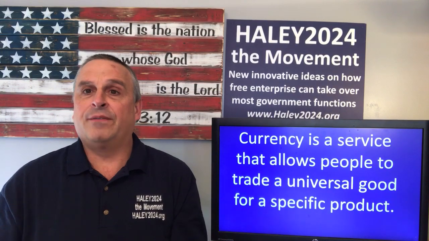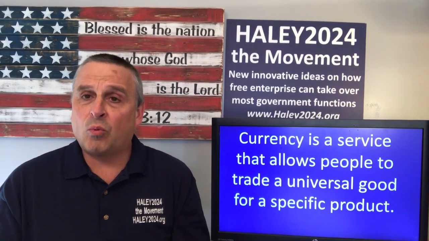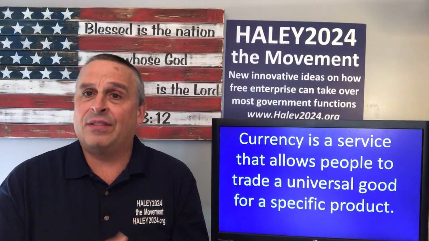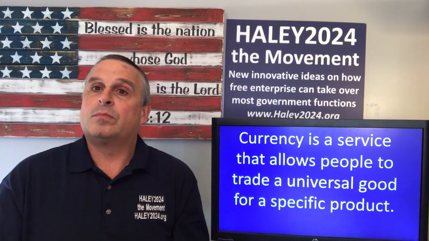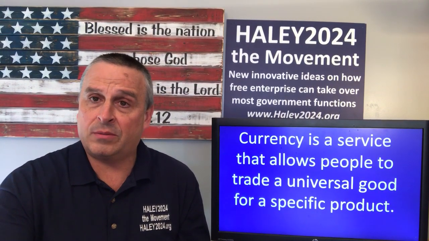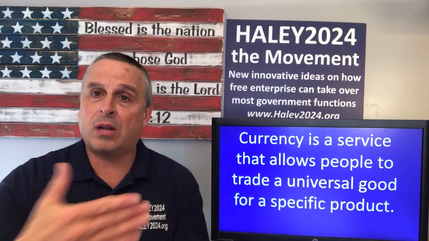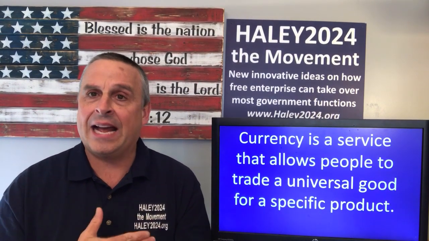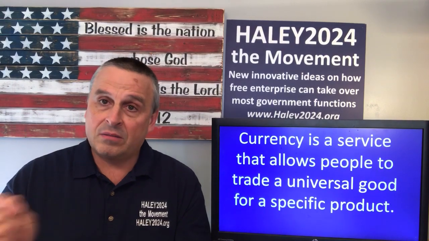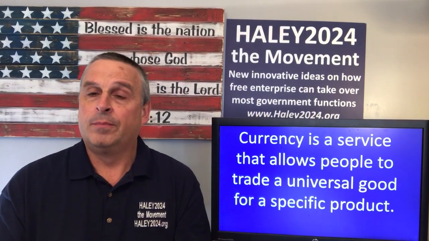So Adam Smith's invisible hand is also, money is a good way of having the invisible hand regulate how much services and product you're giving into the system, into the whole market, and how much product and services you're getting out of it. The invisible hand keeps that ledger, and money is the way that it does it. But we don't have really good money right now.